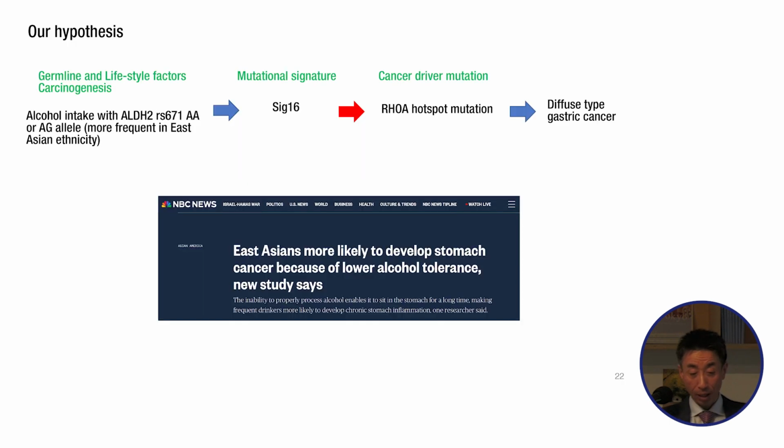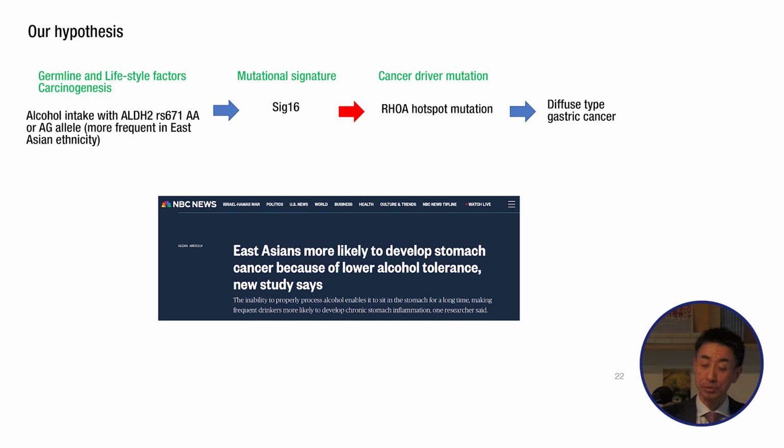That's why our hypothesis is that if you have the weak germline allele, which does not work well with alcohol metabolites and is more frequent in East Asian populations, and if you drink a lot, then signature 16 happens, and that causes specific driver mutations, low-A mutations, an important key driver gene of diffuse type. That's why it causes diffuse type.